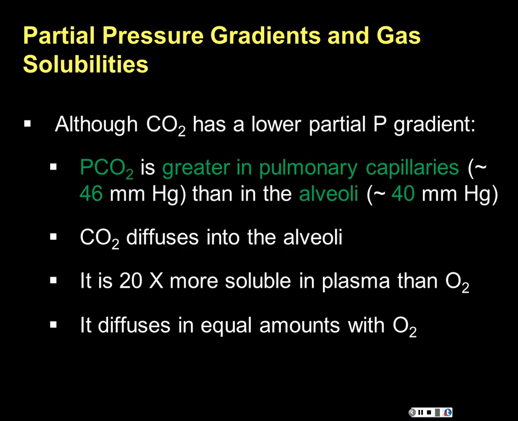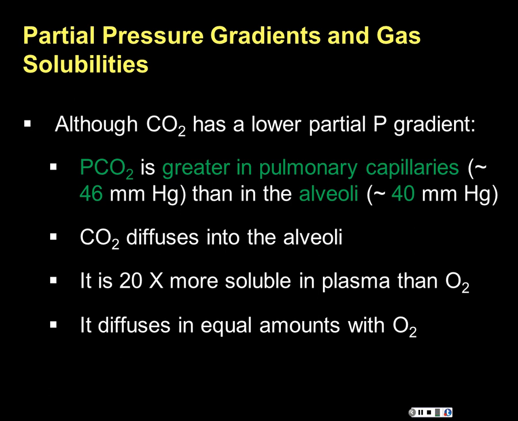At the same location, carbon dioxide's pressure gradient is reversed and much less when compared to oxygen. In the pulmonary capillaries, we learned the pressure of carbon dioxide is a little bit higher at about 46 millimeters, yet in the alveoli, about 40 millimeters of mercury. We can see the directionality of the gradient is reversed, which makes sense.